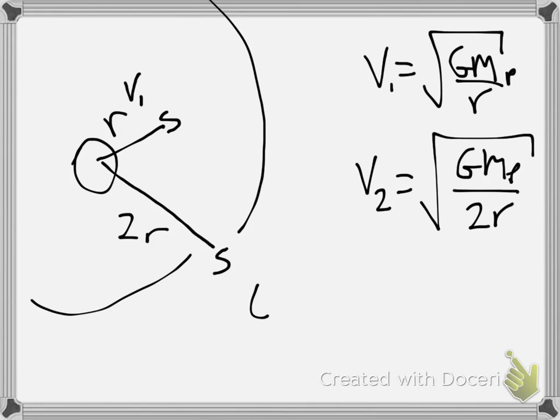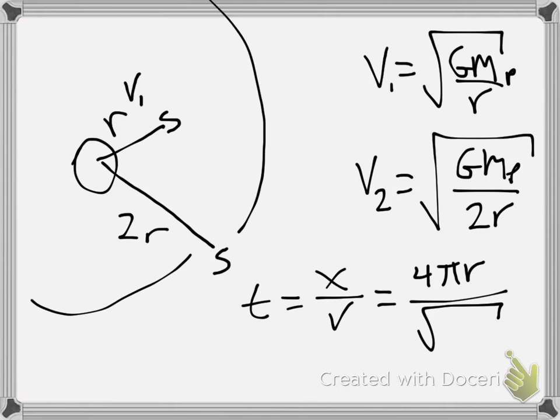And so then the time will be distance over velocity. And the distance is, of course, sorry, I shouldn't have done 2 pi. I should have said 4 pi r, because it was 2 pi of 2r.